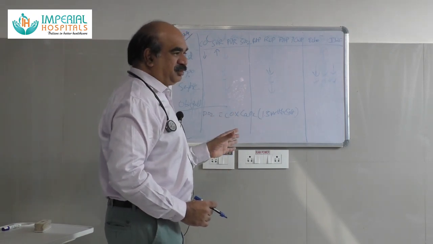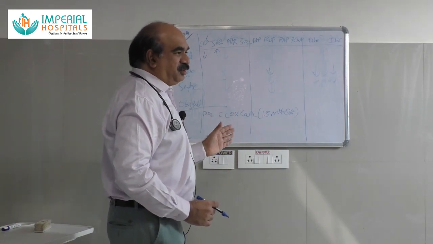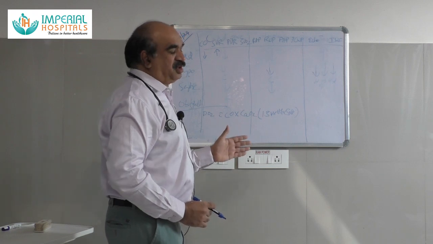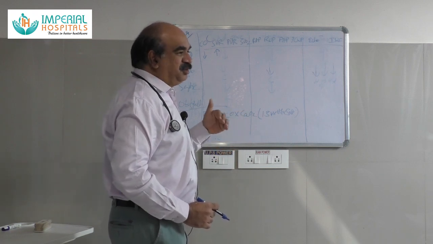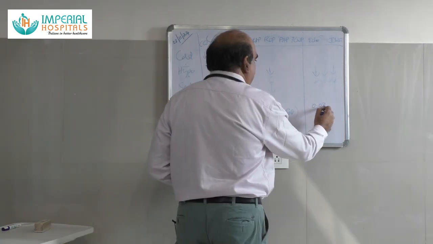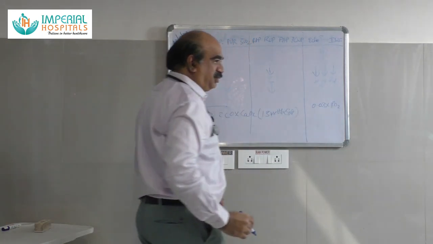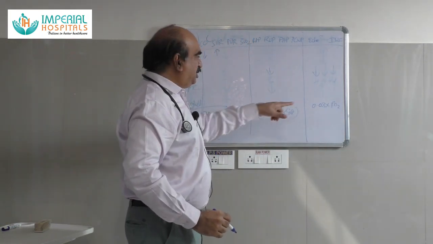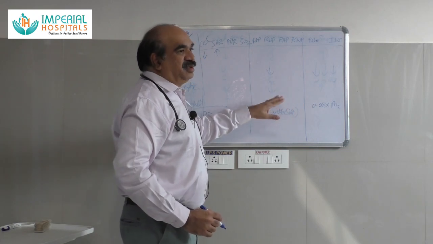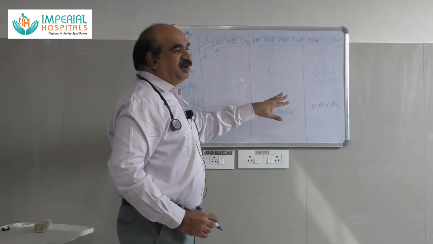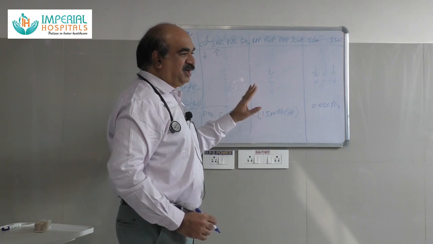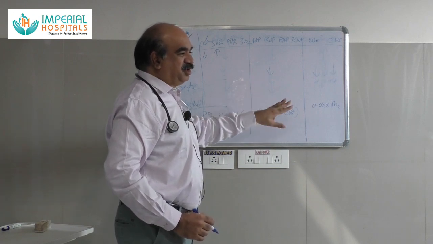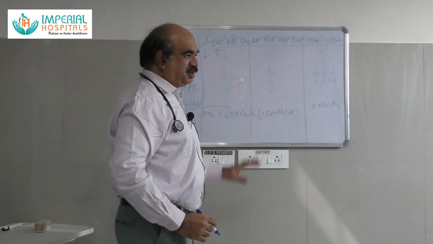But at 37 degrees centigrade, there will be 0.03 oxygen solubility per each millimeter of mercury rise in PO2. 0.03 into PO2 is the dissolved oxygen formula. Here it is 0.03 ml per liter per millimeter of mercury of PO2, the partial pressure of oxygen.